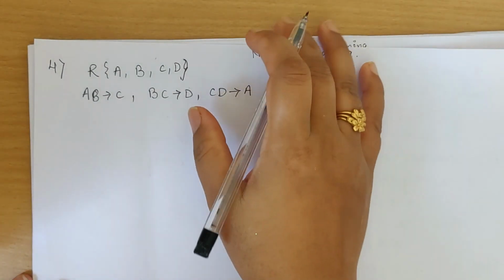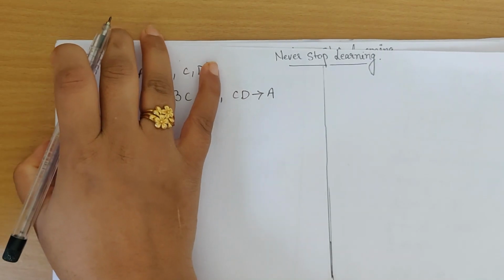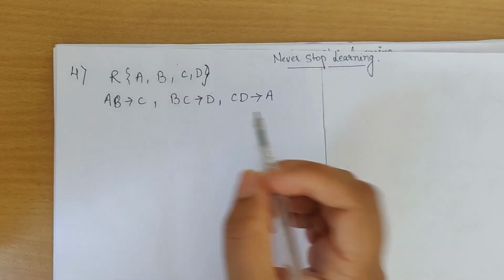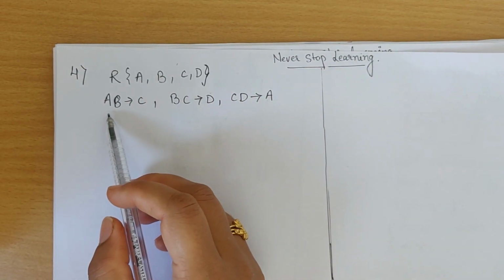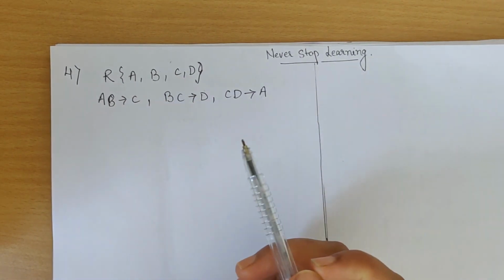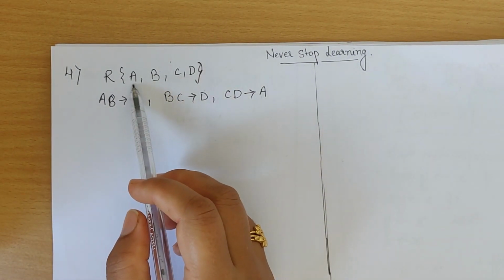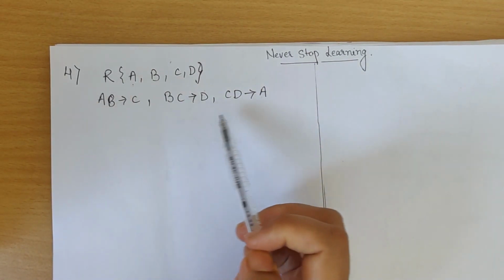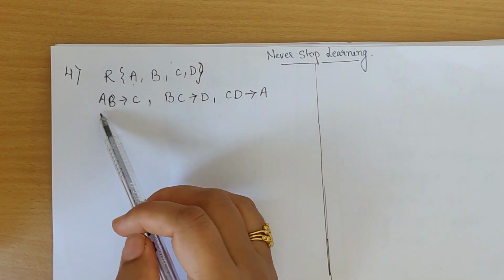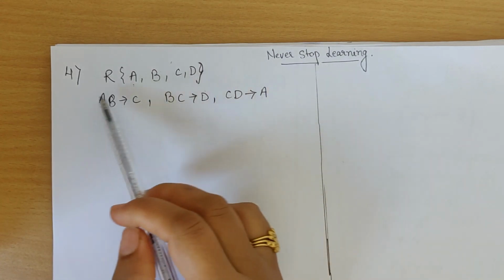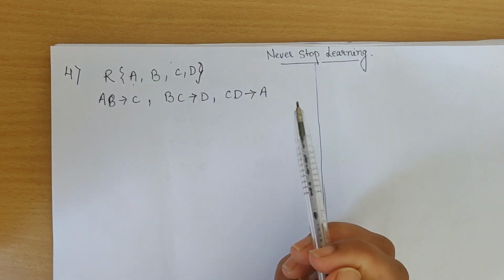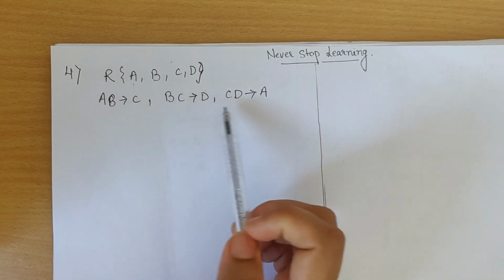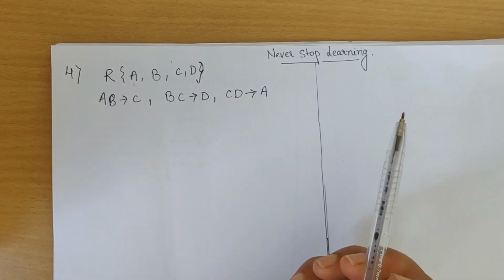Okay, now let's compute the attribute closure. Here on the left hand side I have pairs of 2, so there is no point computing the closure of A, B, C and D alone. Already we know that the candidate key will be a combination of two attributes, because all the determinants are in pairs.